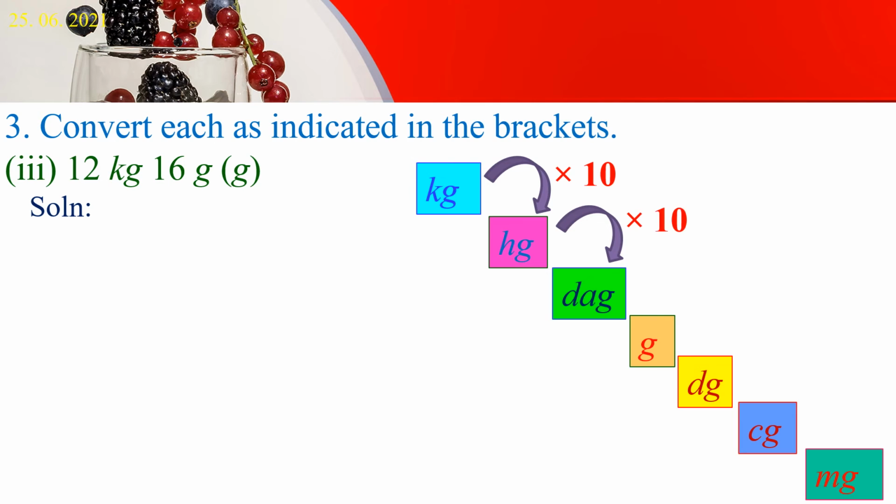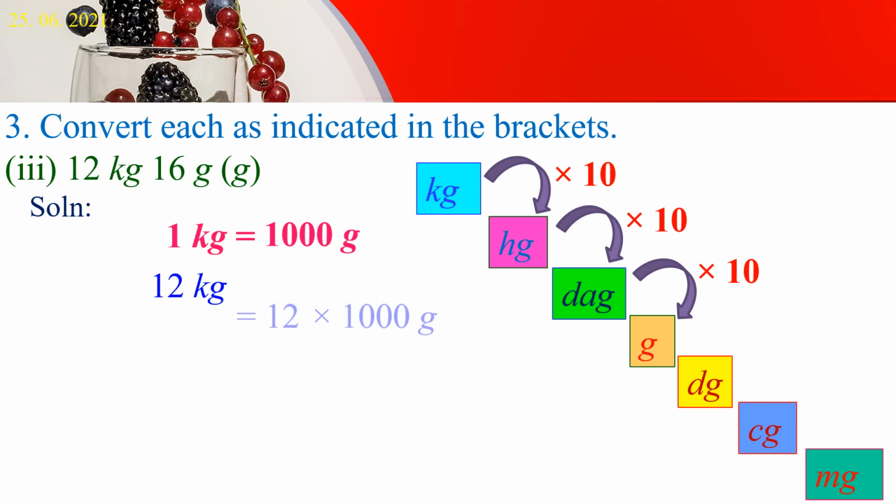On the second step, we are in decagram, and another 10 is multiplied. On the third step, we are in gram, and another 10 is multiplied with the previous one. Therefore, 10 into 10 into 10 is 1000. 1 kg is equal to 1000 g.